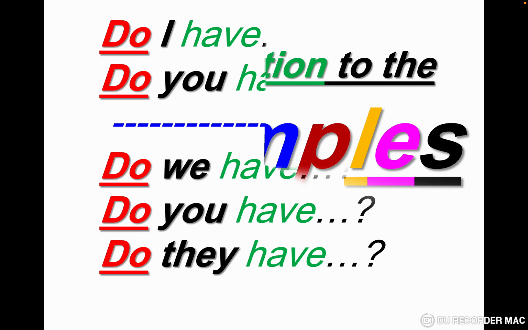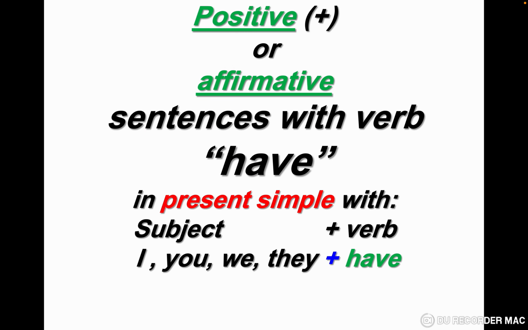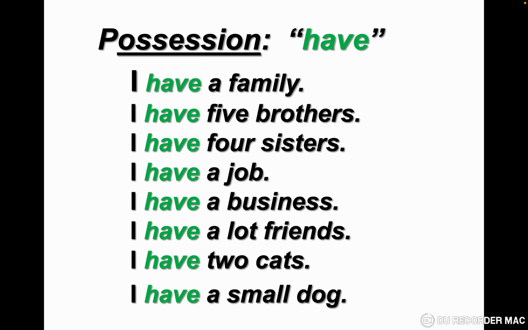Now we are going to see these things in examples, and I want you to pay attention to the examples. Try to look very well at the examples. So the positive. Have means possession, something you have. I have a family.